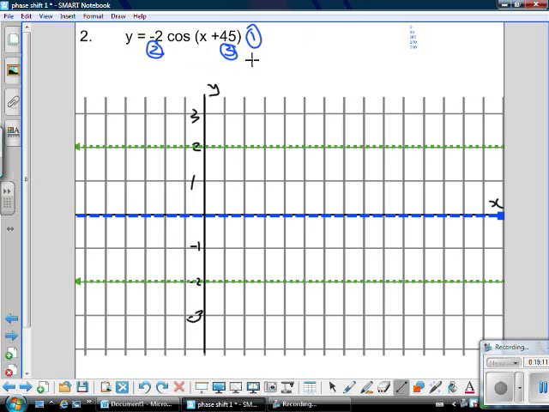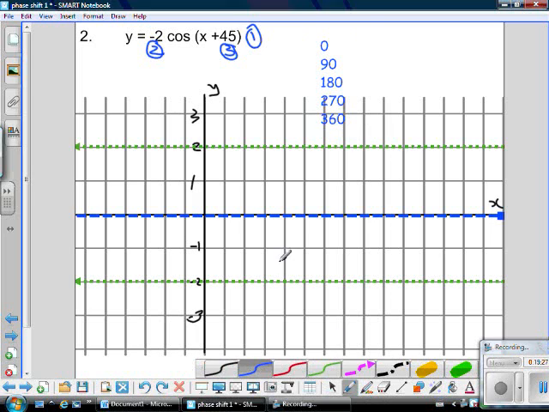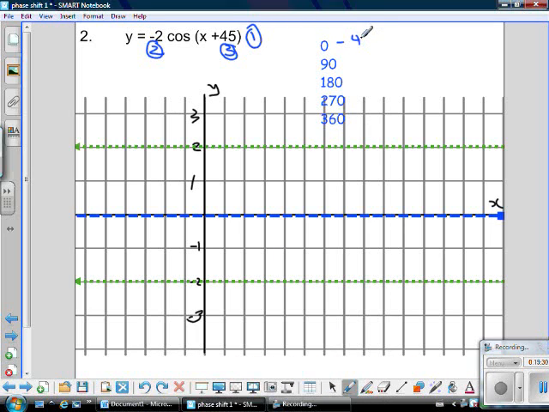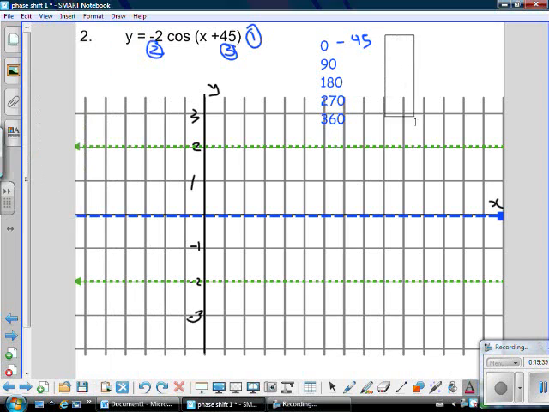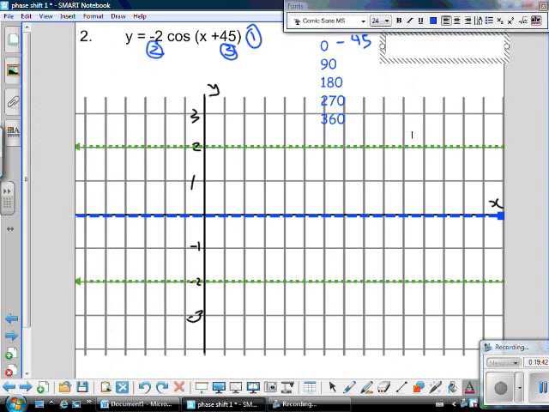Then what we need to do is now work on those x values. So bringing up my 0, 90, 180, 270, 360. This time it's plus 45, so it means I'm going to be subtracting 45 all the way through. And if you happen to notice that I make a mistake, make sure you do it the right way. Okay, so let's take a look here. We're looking at negative 45, 45, 135.